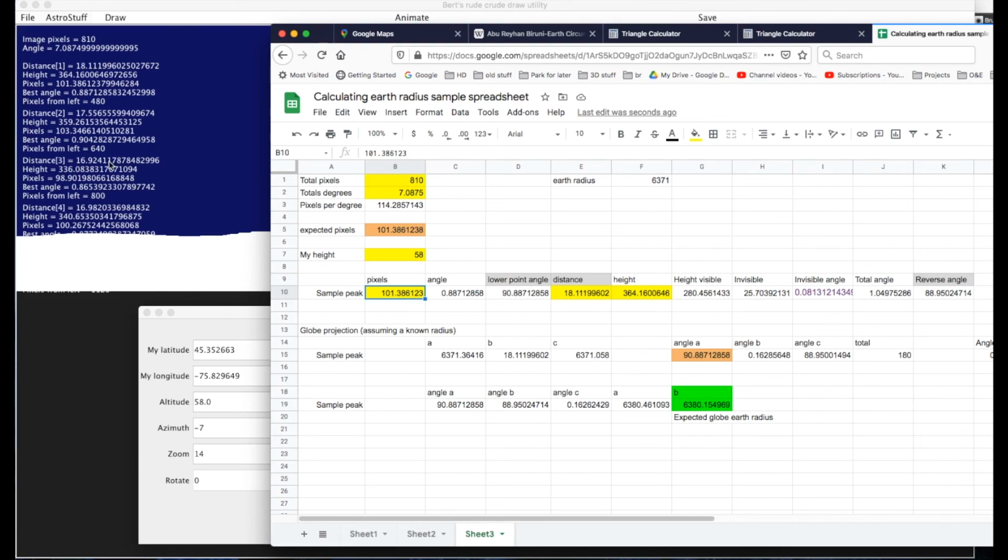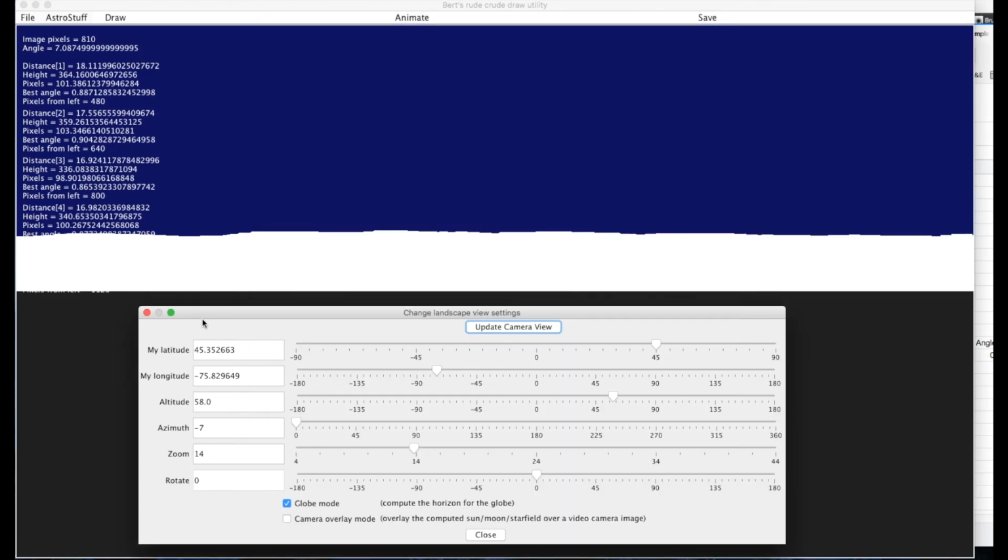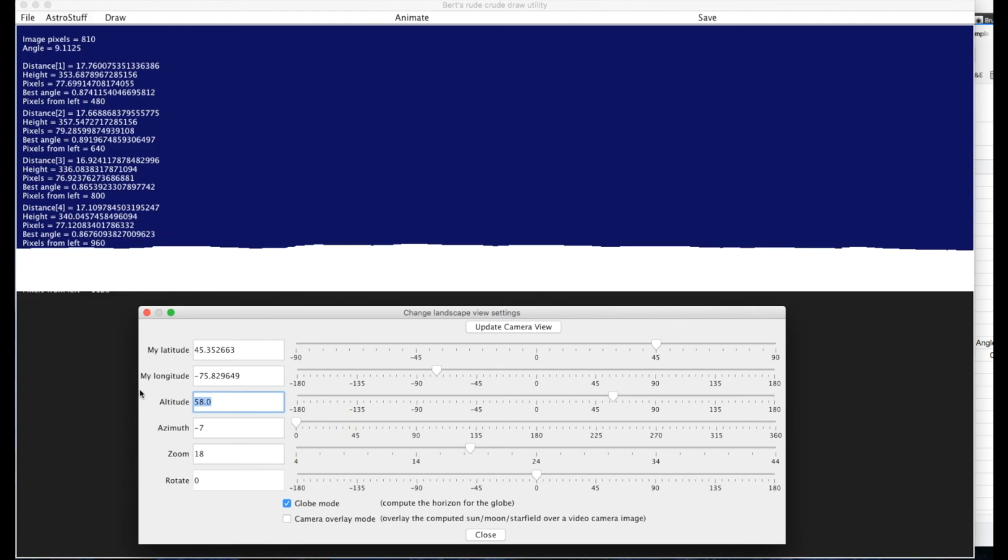I can try another one. Let's try this one, 6,380.058 kilometers. Let's say my camera isn't zoomed in at this level. Let's say it's zoomed in at this level, and I'm not at 58 meters above. I'm at 54 meters.